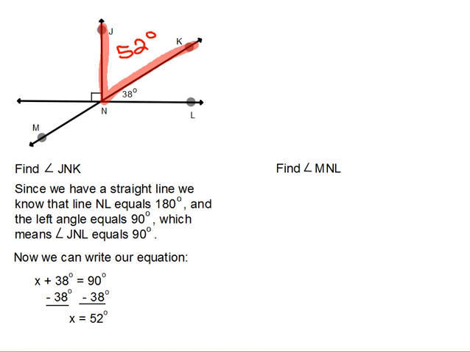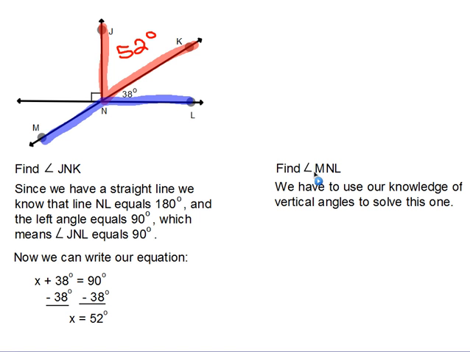Alright, now let's find M and L. Let's take a look at this one. We have to use our knowledge of vertical angles to solve this one. We know that these two are directly across from each other. Because this line and this line intersect and cross, with vertical angles the opposites are equal.